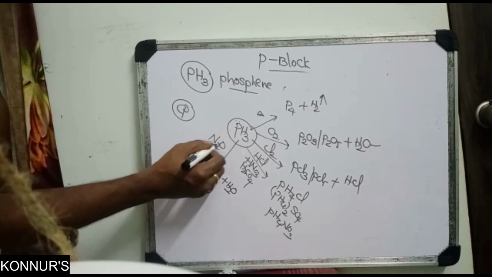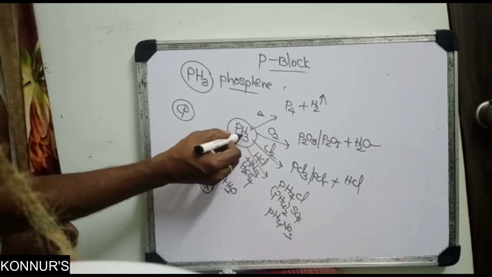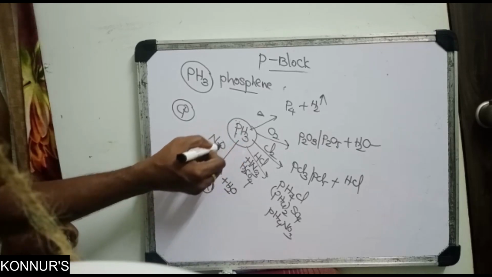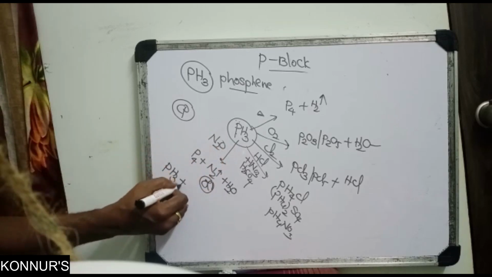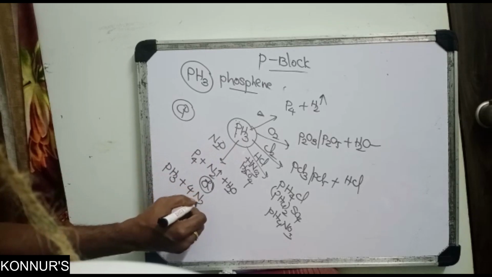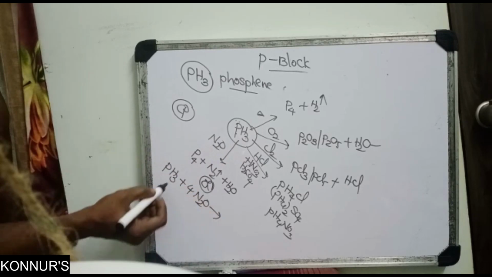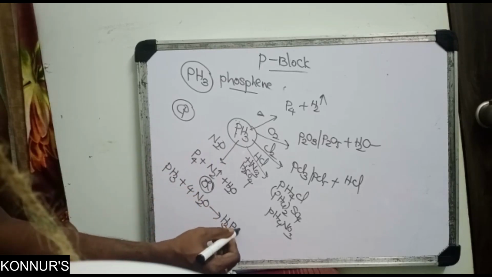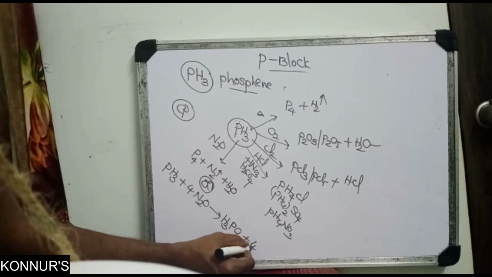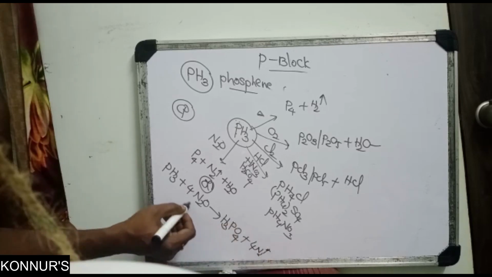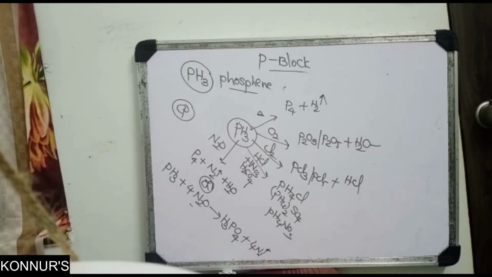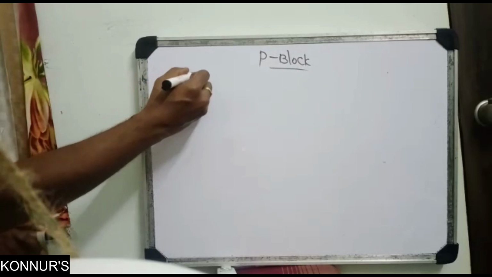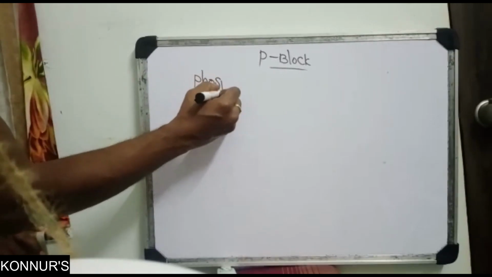Otherwise you can heat more. PH3 is there, so oxygens it is supplying. PH3 reacts with 4 moles of N2O, then what happens? H3PO4 plus 4N2. Depending on the temperature and in a logical manner, you can do this one. See, next compound, phosphorus oxides.